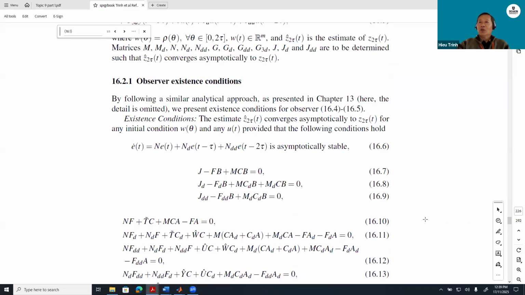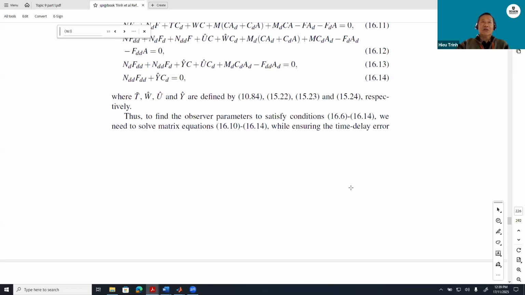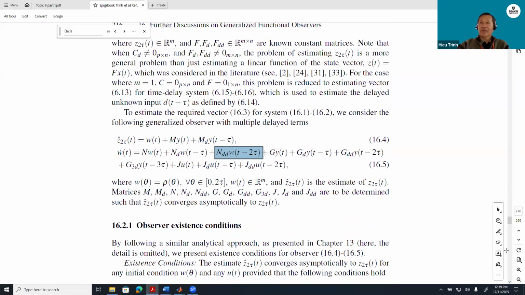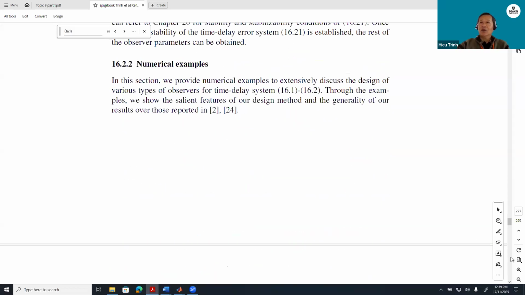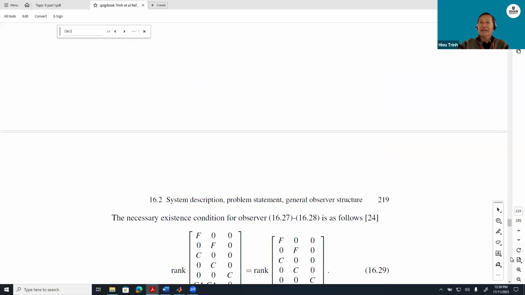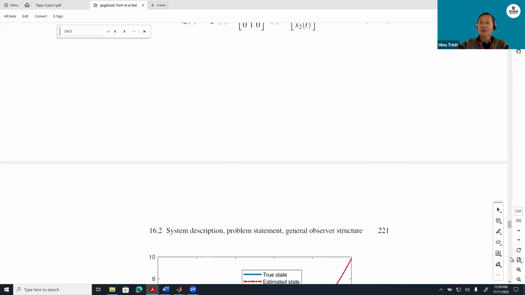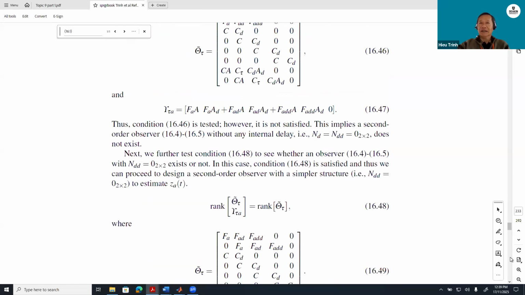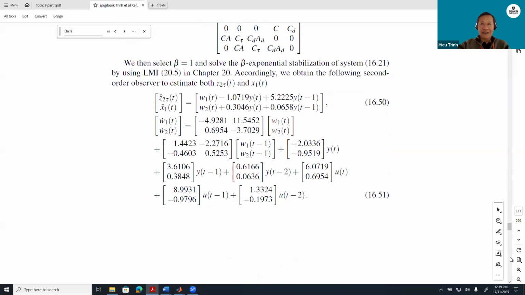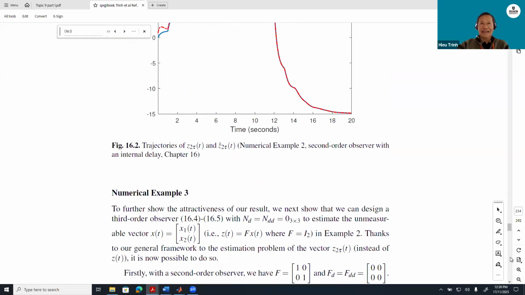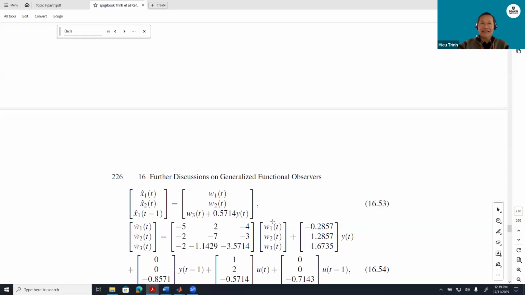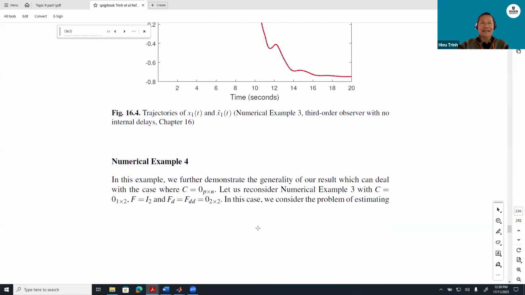In the next presentation, we go back to chapter 6 to look at how we estimate an unknown input of a time delay system where the output measurement vector is not instantaneous. That came from what we just discussed in example 4 here.